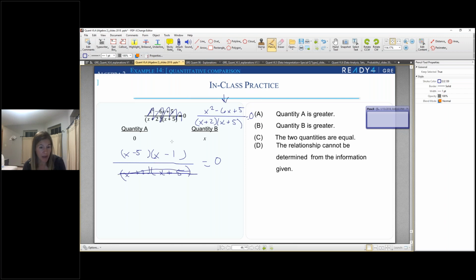Up here though, if we want it to equal 0, we have 2 options, right? x can equal 5 or x can equal 1, right? Those are the 2 things that will give us equal to 0. So if our possibilities are that x is equal to 1 or 5, both those options are bigger than quantity A, so the answer is B.